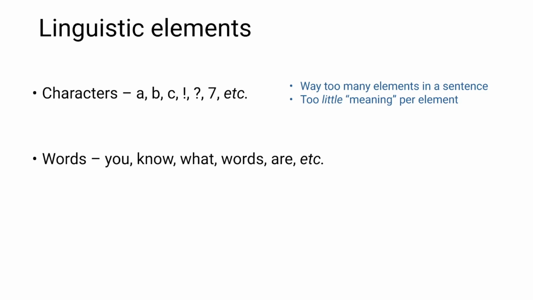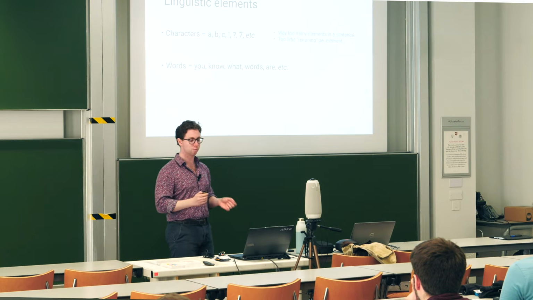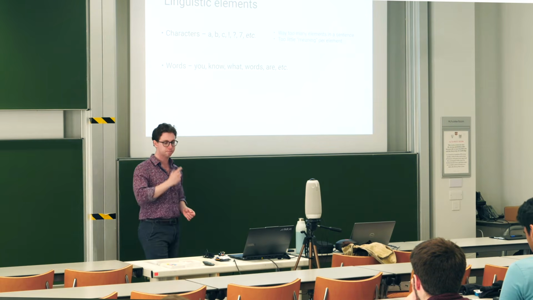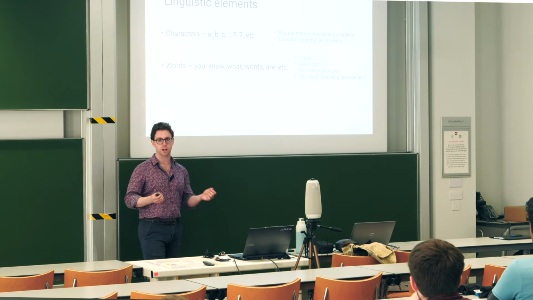So the next obvious choice is words, right? You know what words are. Words are what we used in the previous example. And this is much better because generally words have a lot more meaning to them, and so there's a lot more for the language model to grasp onto. But you run into some issues if you choose words as your elements. What about typos? Lots of text contains typos.